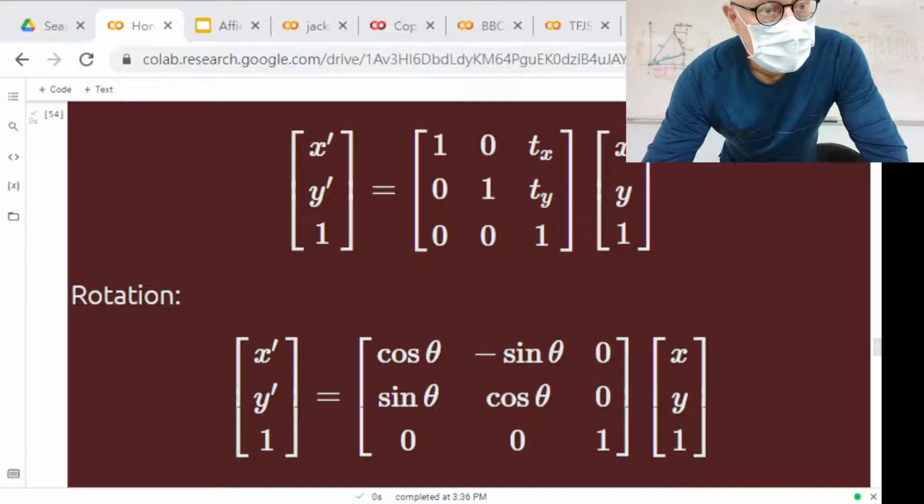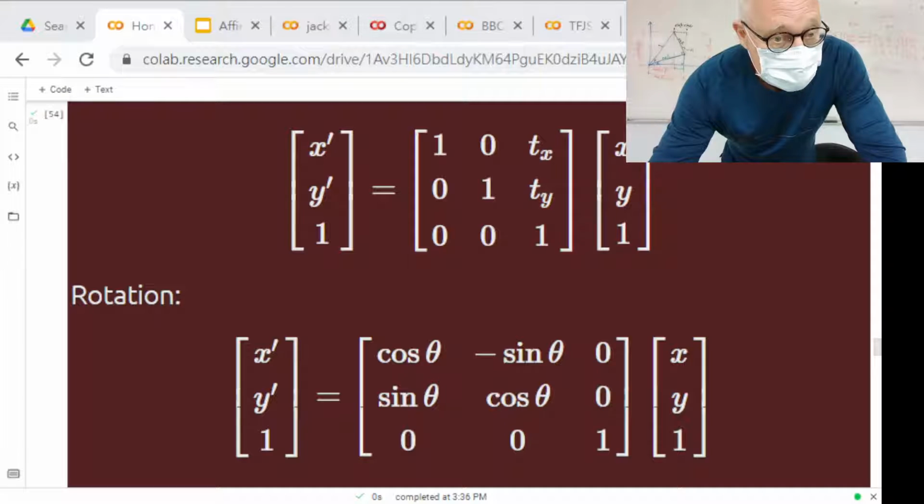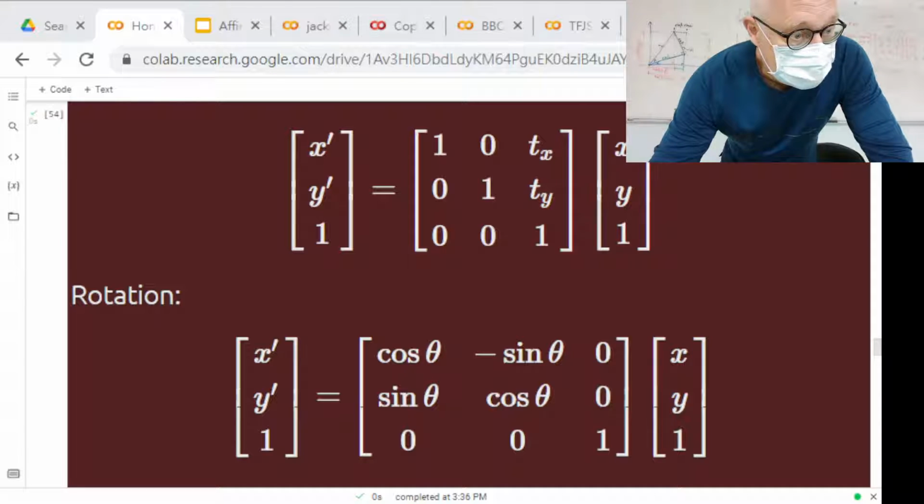So we use matrices to encode 3D transformations. Every object has a matrix associated, which gives you the current position. And these matrices are 4 by 4 matrices.